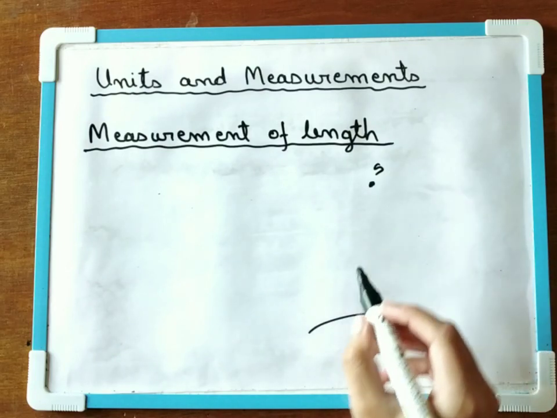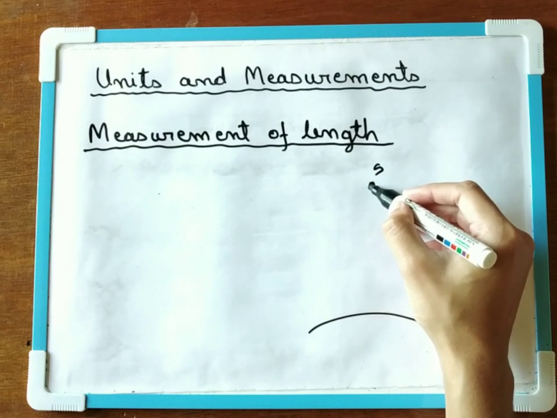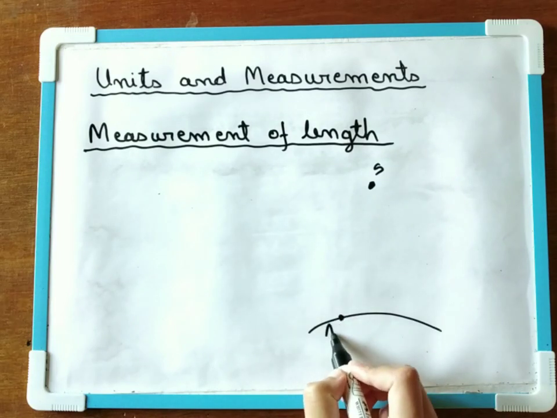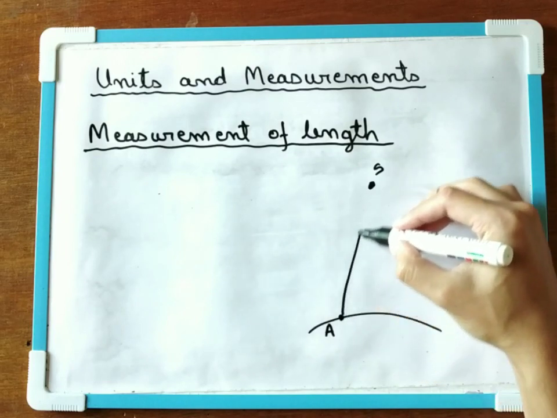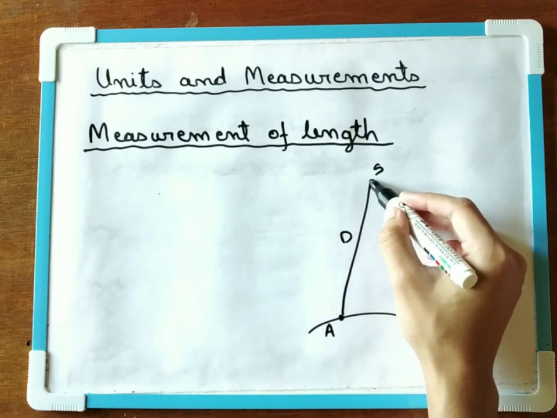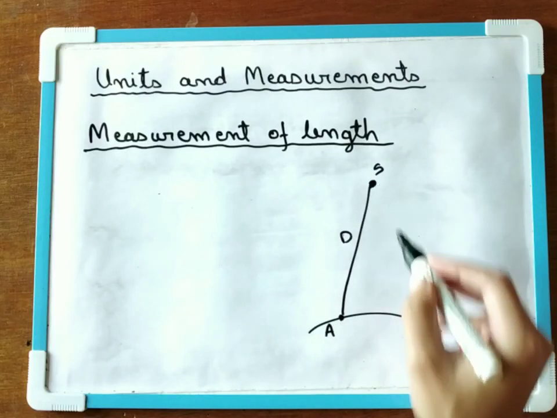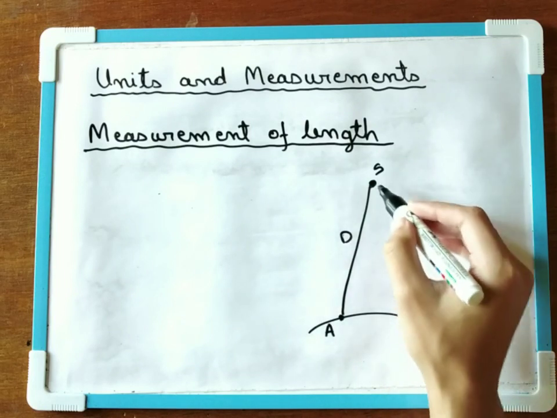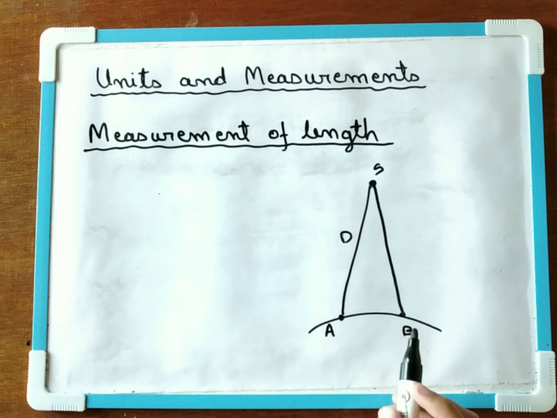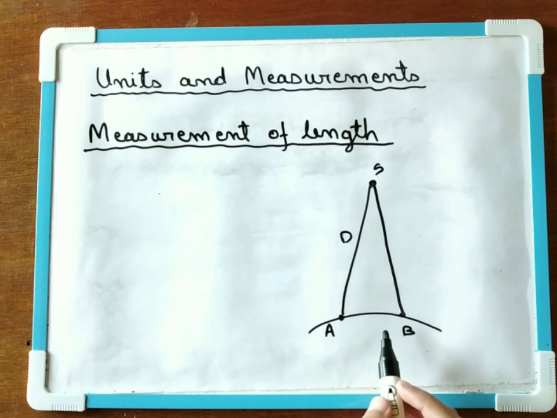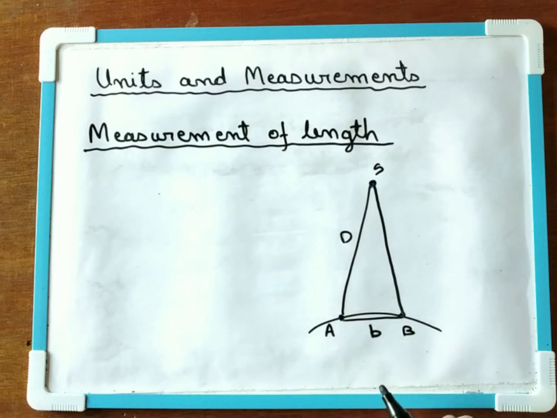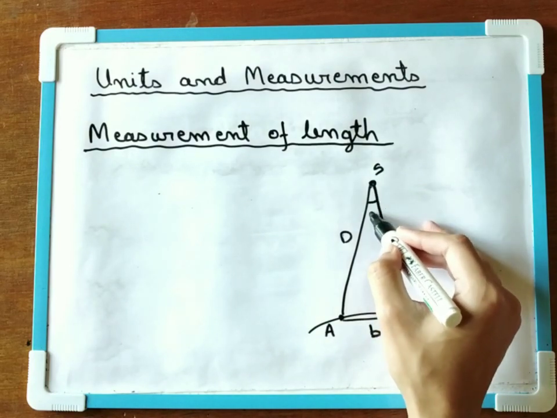So what we do is we observe this distant planet from this point here on the surface of the Earth, and let's say this point is A. Here we'll have to find out this D. Then again we observe this planet at this point B. So we observe this planet from two different positions on the surface of the Earth, and this is a known distance B, and what we'll have to do is find the angle theta.